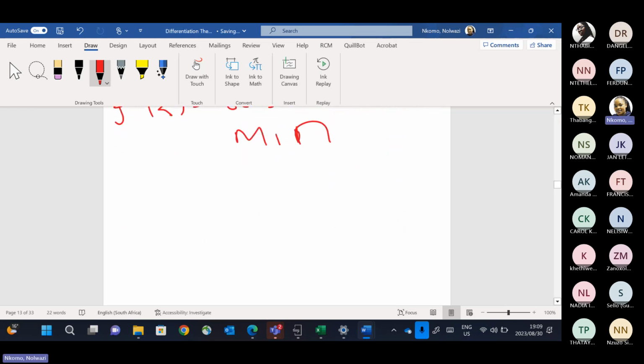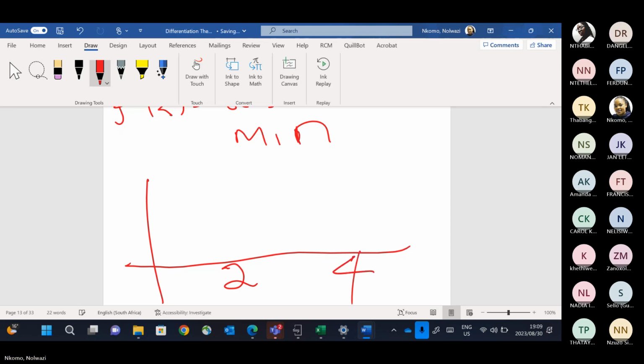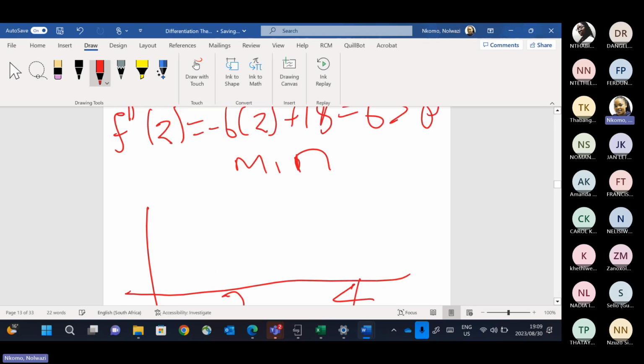Okay, let's try and draw a rough sketch of these 2 points. We have 2 and 4. We said 2 is the minimum point, and we know a minimum point gives this shape.